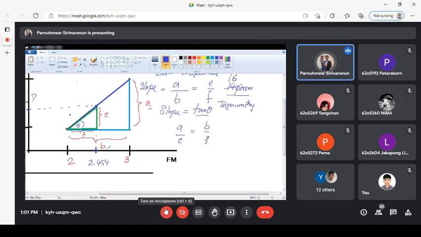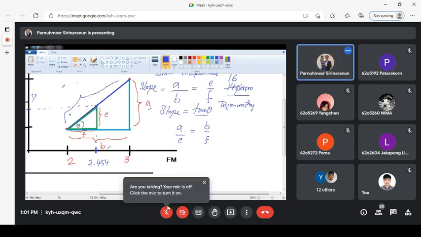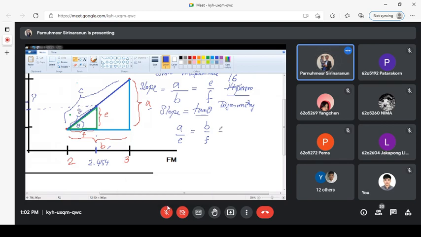Yes, F. If this side I call C and this side I call G, what do you get? Equal C by G. Okay? This is the similar triangle rule.